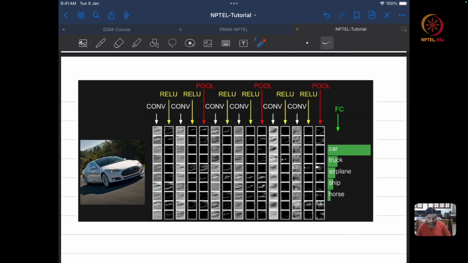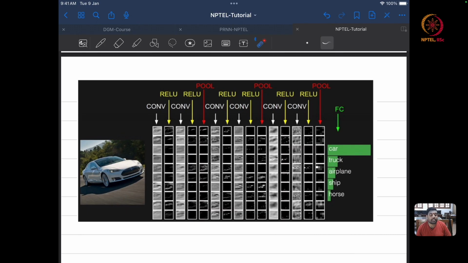So you have the convolution, ReLU, again convolution, ReLU, and then a pooling. Like this, you repeat, and finally, whatever you get as the final one, you flatten it. You convert it into a vector, and then pass it through a fully connected layer to get whatever number of classes or outputs there are. Now this is the full idea of the convolutional neural network.